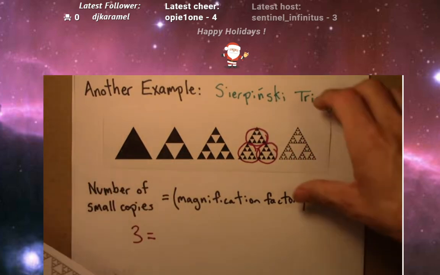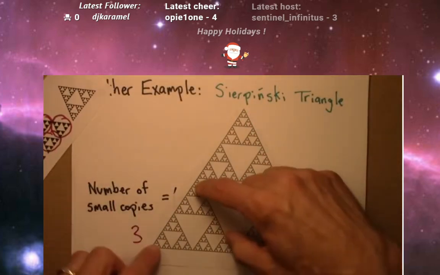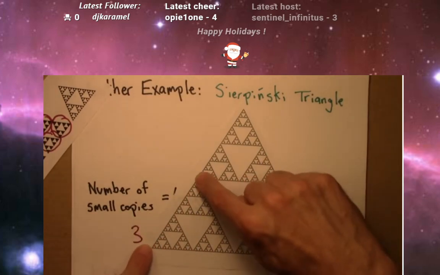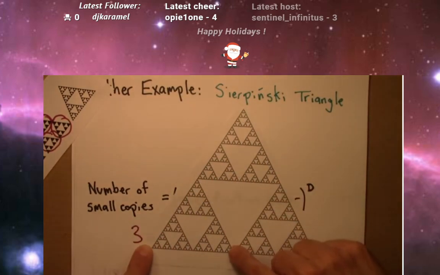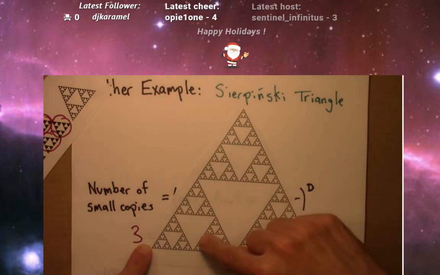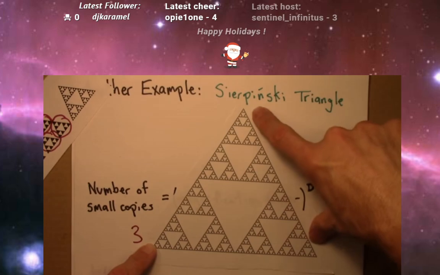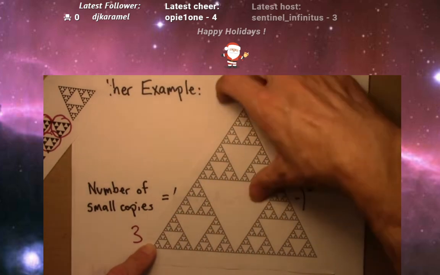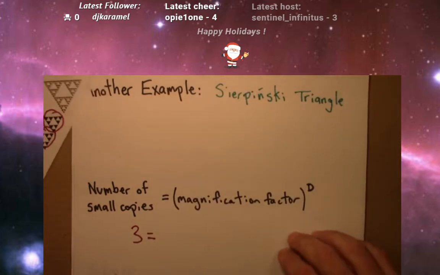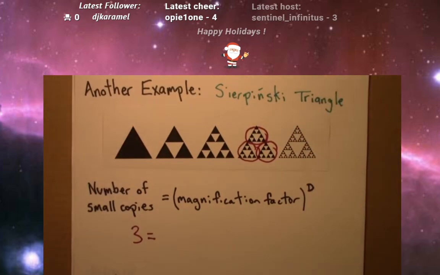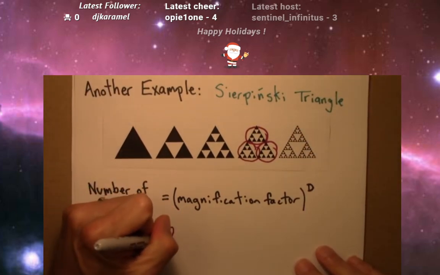You could also see that this triangle, the base is half of that, so we need to magnify or stretch this triangle by 2 in order to have it be as big as the full one. So the magnification factor is 2.